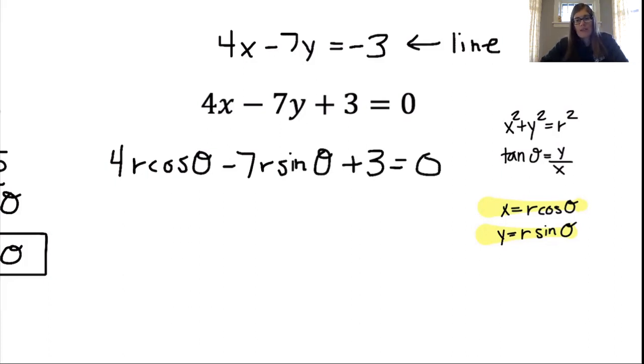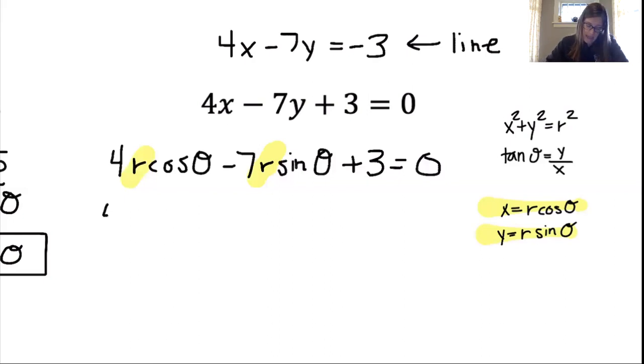So by substituting the x and the y, r cosine theta, r sine theta, I now have something all in polar. Now it's just a matter of solving, and remember, we're going to try to solve for r. Notice that in the equation, 2 of your terms have r, but the 3 doesn't have r.